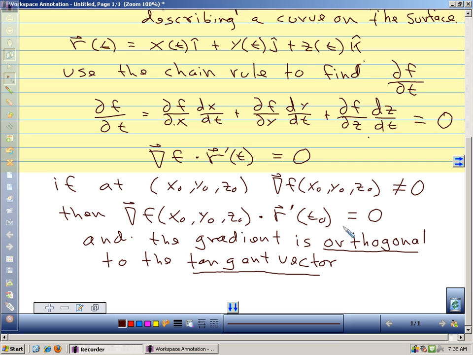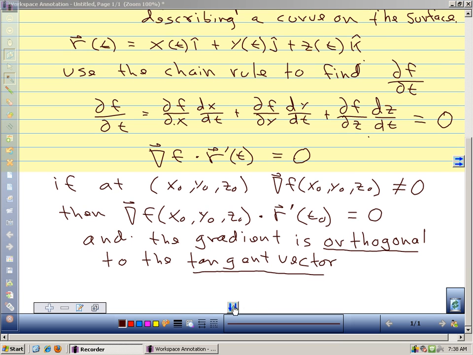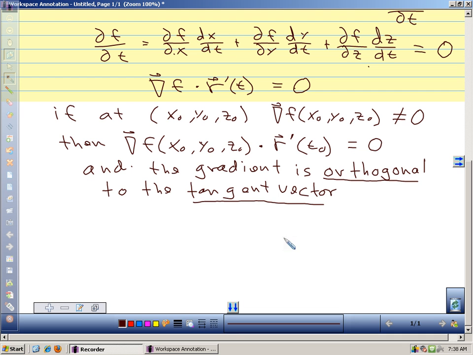So our gradient is orthogonal to the surface at any point.